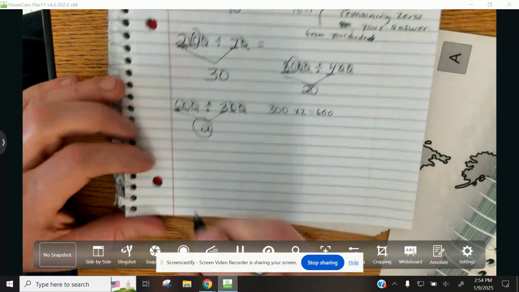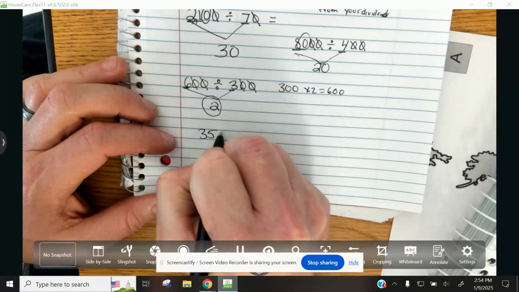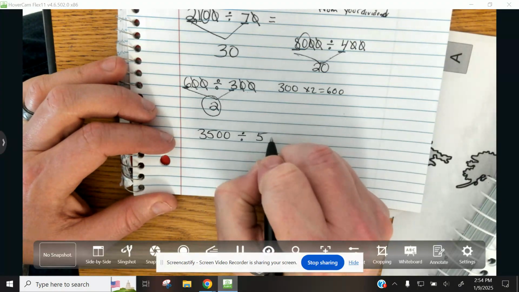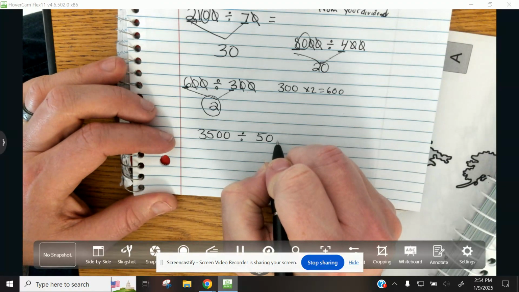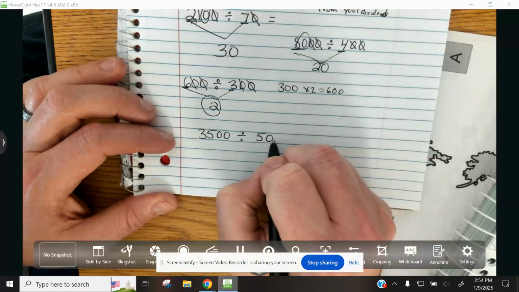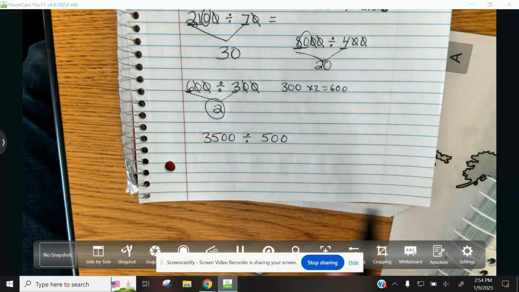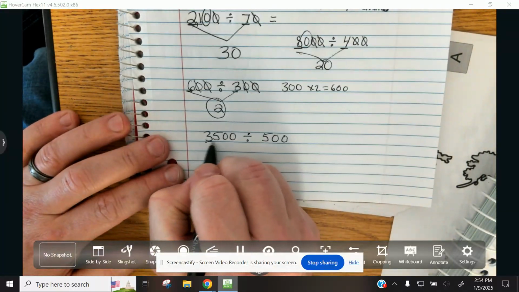Okay, let's try more. Let's see if we did 3,500 divided by, let's say, 500. Okay, let's see what happens here. So here, I'm going to underline my basic fact.